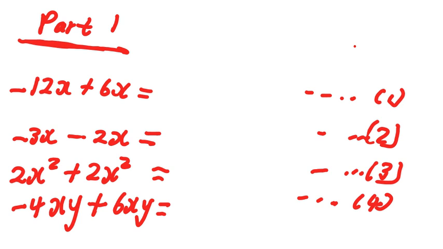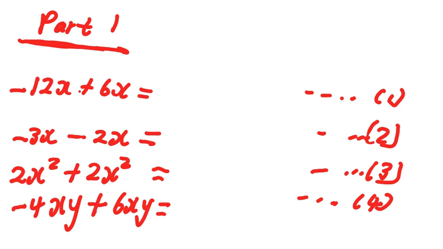The second rule is that when you have same signs, negative and negative or positive and positive, you add the numbers and take the sign of the bigger number. When integers have different signs, you subtract the numbers and take the sign of the bigger number. That's the rule, nothing else.